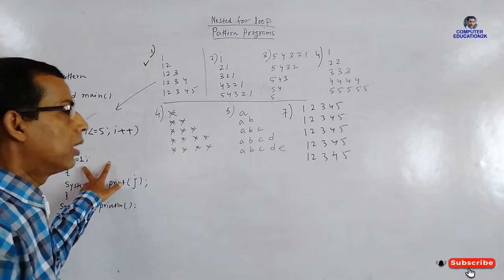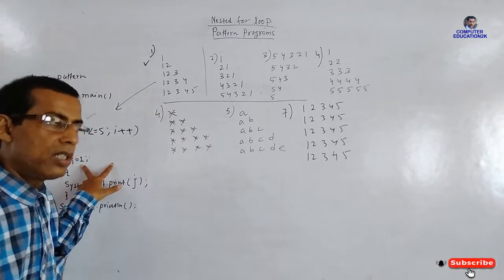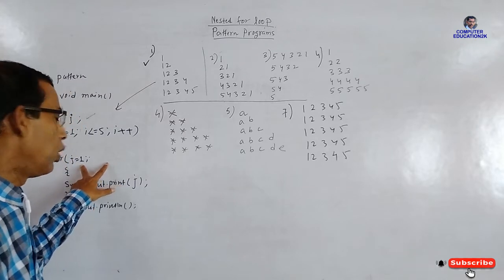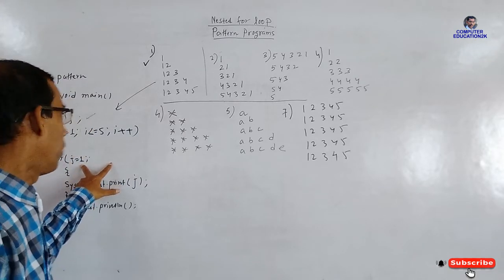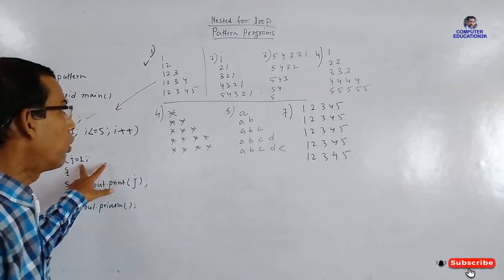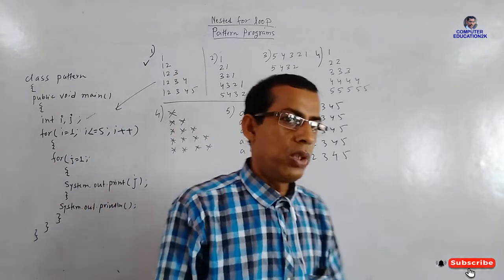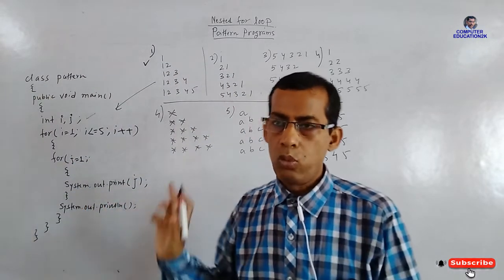The second time it will print 2, 1, so j will be 2 to 1. The third time it will print 3 to 1, so j will be 3 to 1. The fourth time it will be 4 to 1, so j will be 4 to 1. And the fifth time it will print 5, 4, 3 to 1, so j will be 5 to 1.